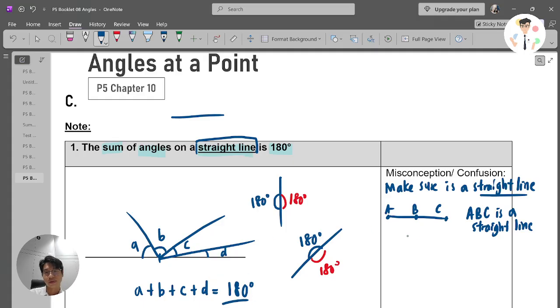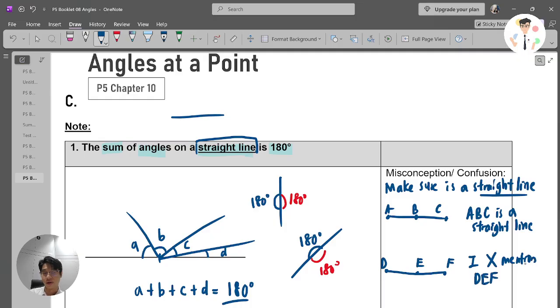But sometimes Mr. Lo can be a very bad guy, can be very tricky. I do it like this: here is, for example, D, E, F. You might look at it and say, teacher, it looks really like a straight line. But I don't mention that D, E, F is a straight line.